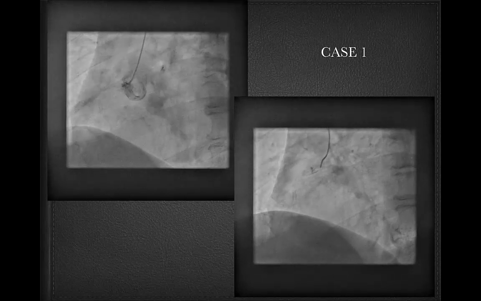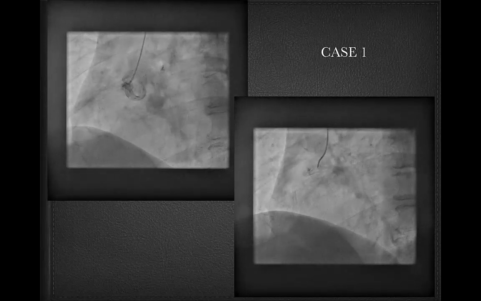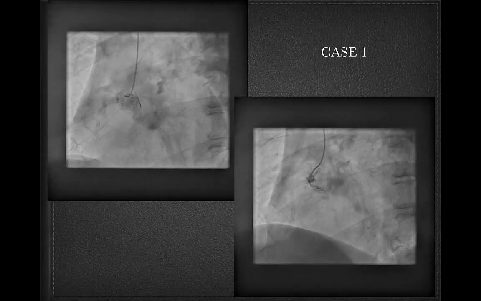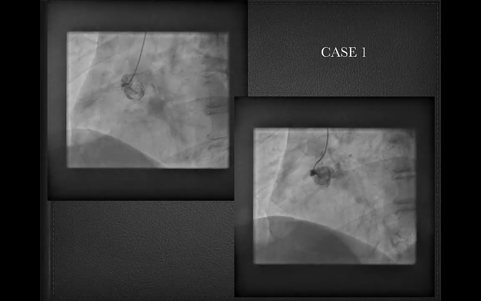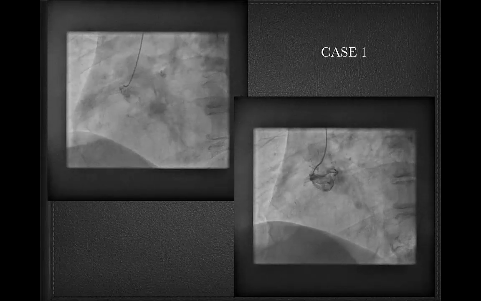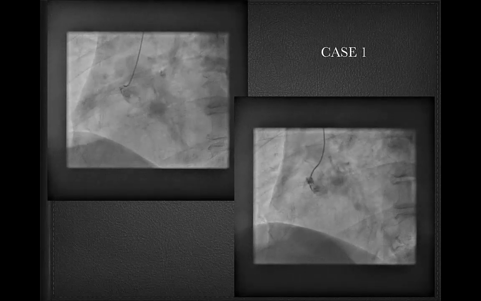as you can appreciate, it's a 57 year old man with a history of PCI on the LAD and on the ostial RCA in 2010. As you can see, it was impossible to select the ostial RCA because the previous stent is outside the ostium, so inside the aorta.